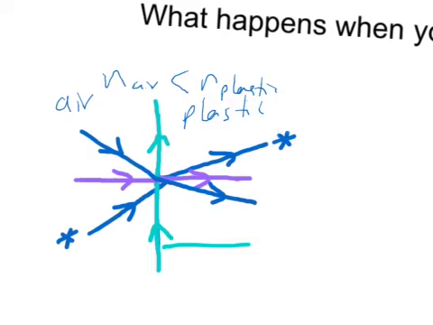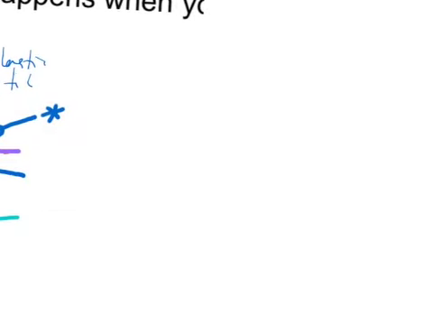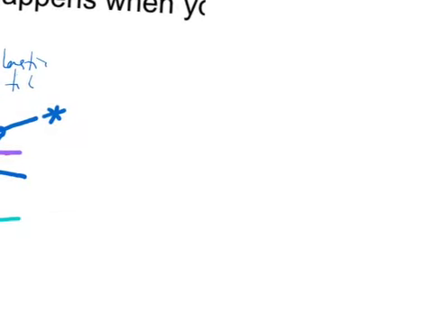So the next situation we want to consider is when we travel out of a more dense medium. So let's draw our medium again here. This time I'm going to see if I've learned something from the previous diagram.